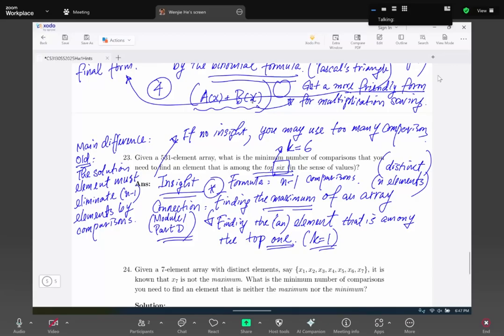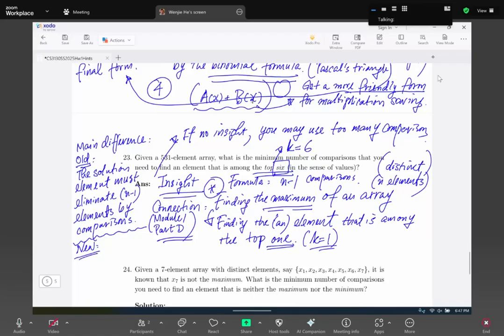Okay? All right. That's the old version. Now you need to adapt it to a new version. Adapt the old version to the new version.